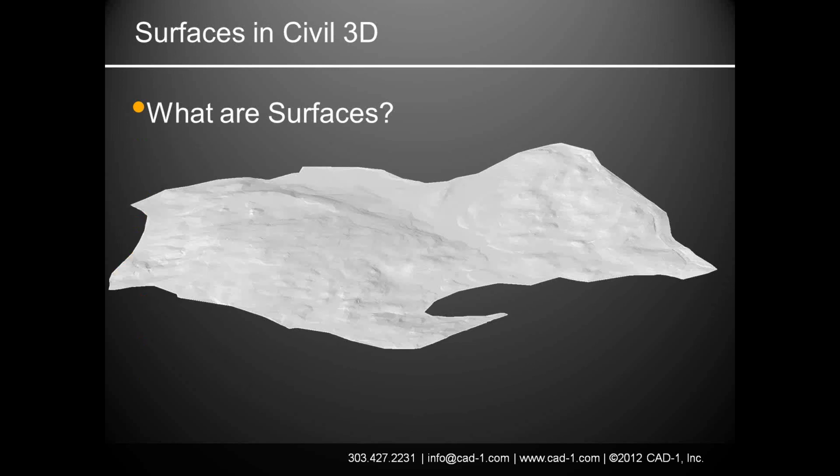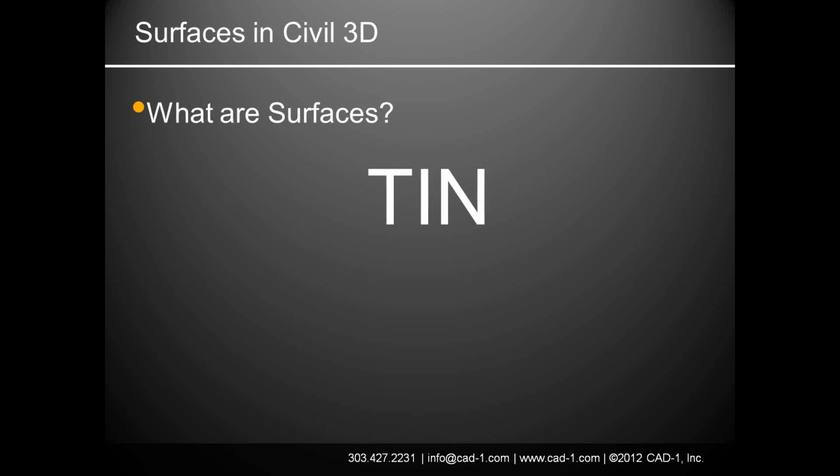So what are surfaces? So here's a pretty picture of a surface, right? Well, a surface is a TIN. T-I-N. How many people know what TIN is? Most of the time when I ask people what a TIN is, they'll say it's a triangle something or other network. Right? Well, it's actually a triangulated irregular network. So it's a bunch of triangles.